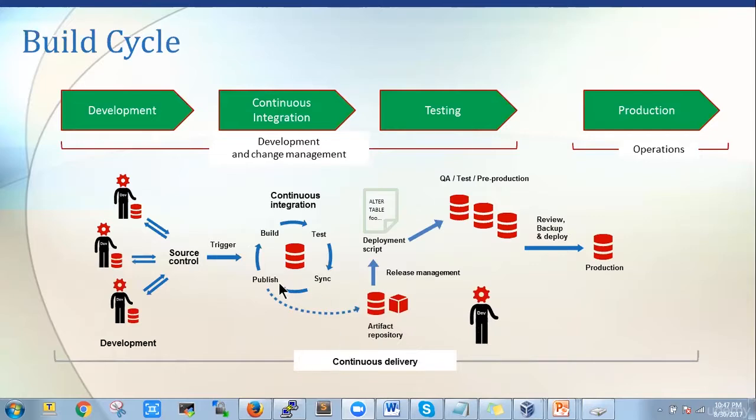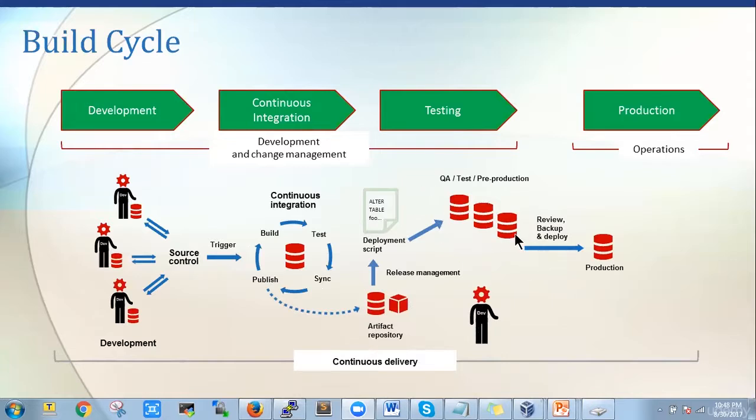If it is fine, it publishes it, it gets saved into the artifacts, creating packages and runnable scripts for us, and those scripts again we are going to hand over to our testing team, who use those deployment scripts and perform their deployment based on the requirement, like QA, testing, pre-prod.